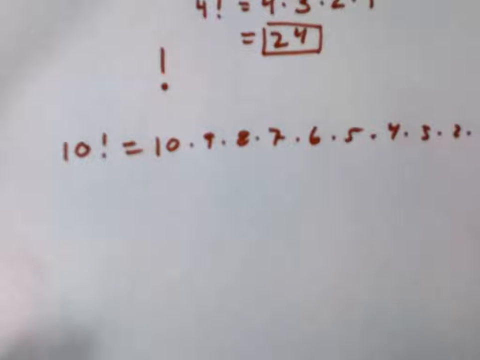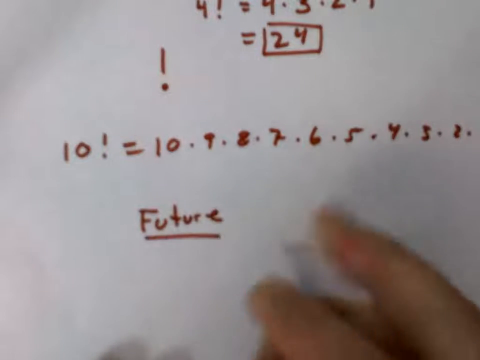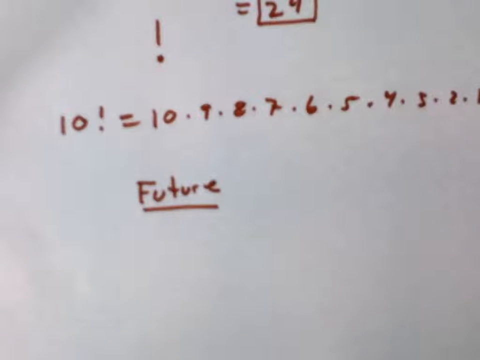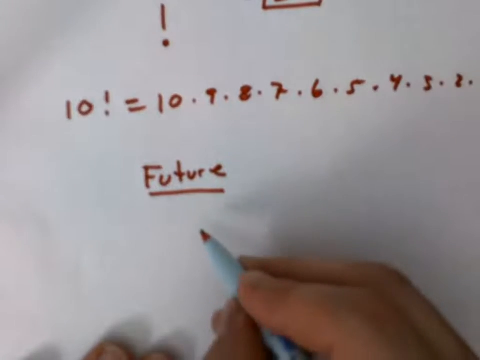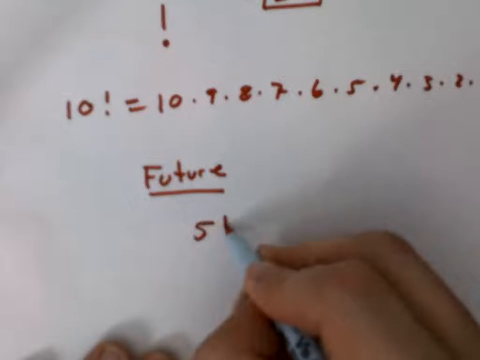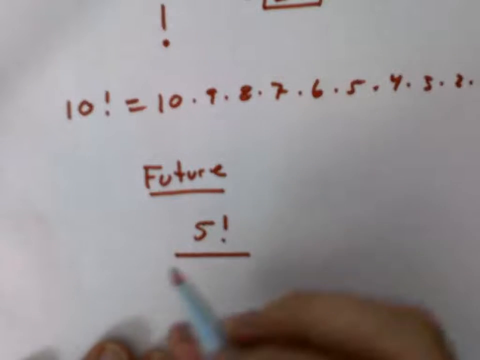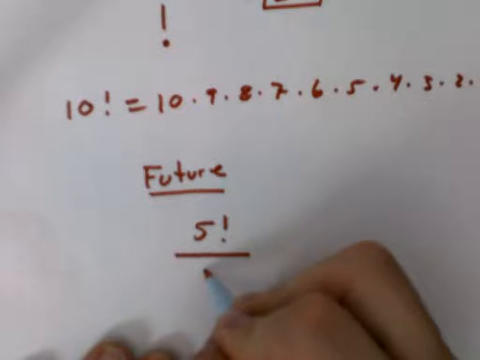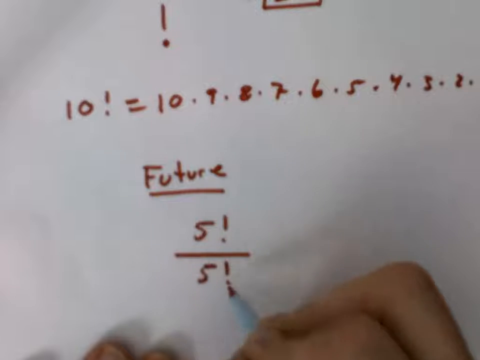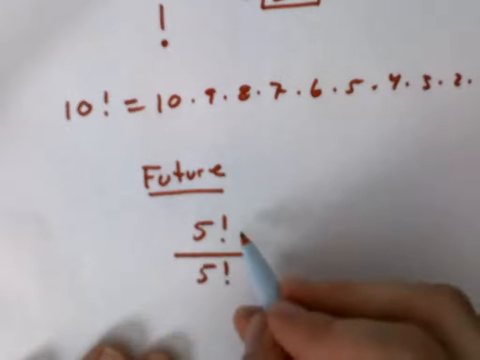If you want to investigate factorial a little more, I want you to try this. If you know what 5 factorial is, and you divide it by 5 factorial, you're probably going to think 1, but I want you to prove this.